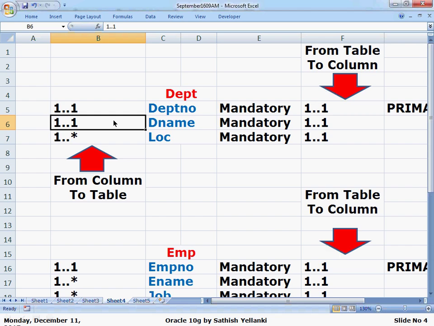Next, one department name should be given to only one department, or can one department name be shared by multiple departments? Only one department. You cannot have the same name for multiple departments, it's confusing. So that's another one, that is 1 to 1. I told you, at least one column should be 1 to 1. There can be more than one, that doesn't matter.